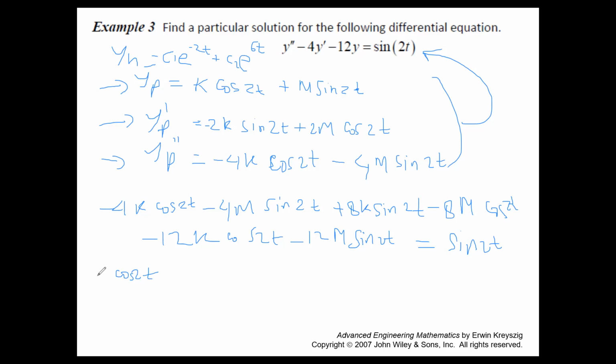On the right side, you have 0. On the left side, you have minus 4k, and then minus 8m, and then minus 12k, and that will be equal to 0.